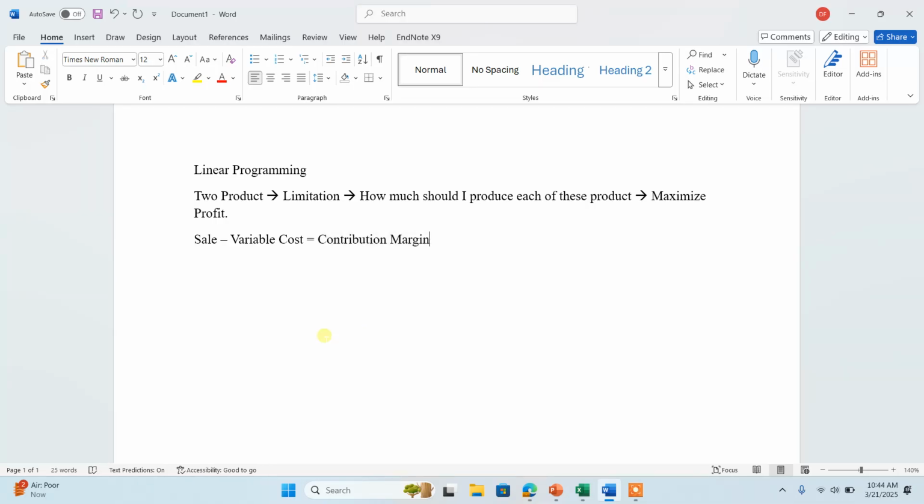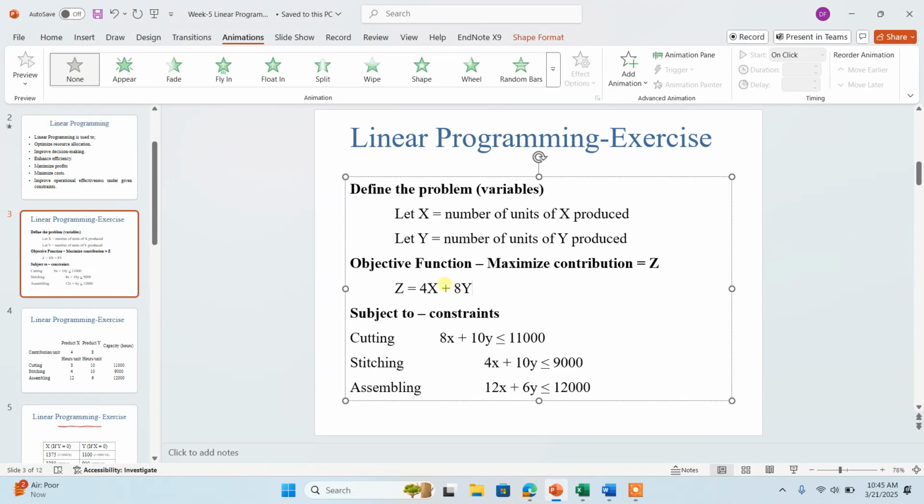So like in the first case, the contribution margin for product X is 4 per unit, while the contribution margin for Y is 8 per unit. Now the question arises, how much X should I produce and how much Y should I produce to get the maximum profit.